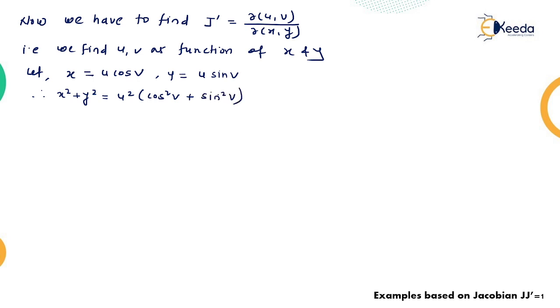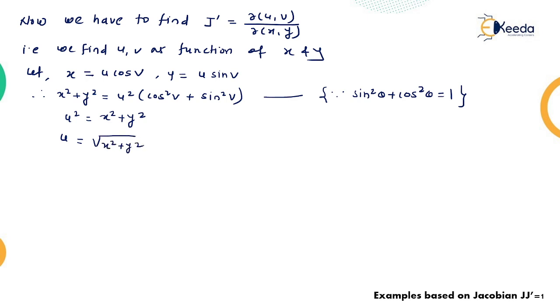I am only squaring and adding the above values, and using the result sine square theta plus cos square theta equal to 1, you get u square equal to x square plus y square. Taking the square root on both sides, the value of u is under root x square plus y square.